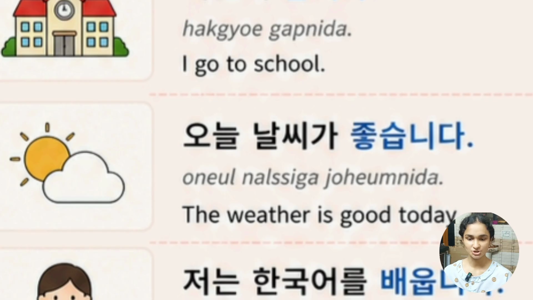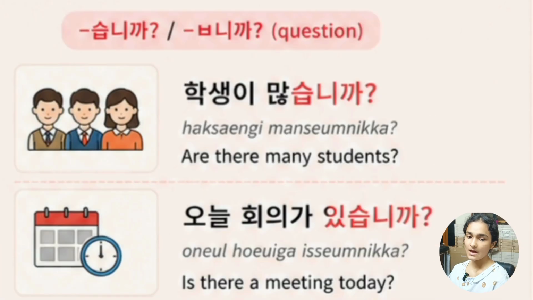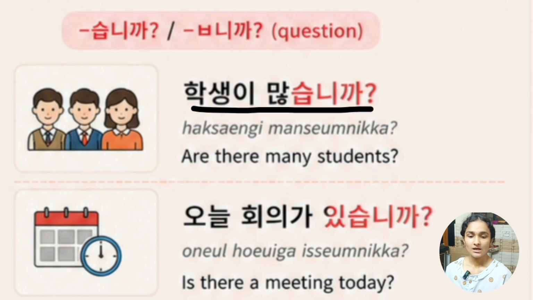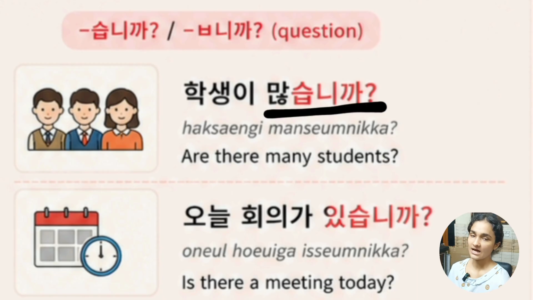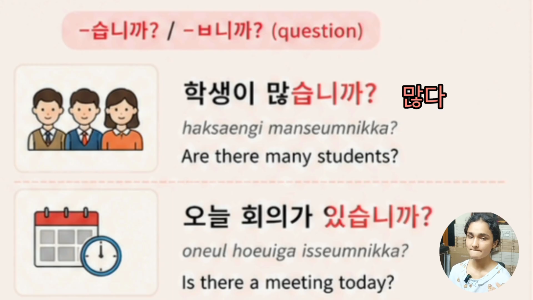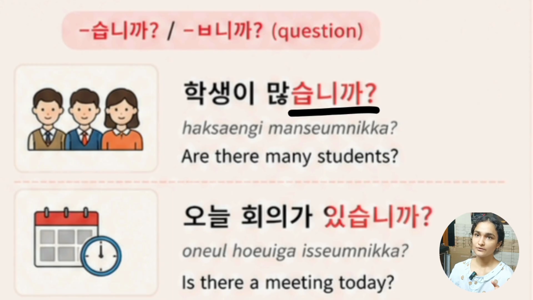Now let's move to the question part. 학생이 많습니까? 학생 is student. 이 is again a marker, a particle. 많습니까 is made from the verb 많다. 많다 is many. And 습니까, since if we remove the 다 part from 많다, the 많 part will be remaining.